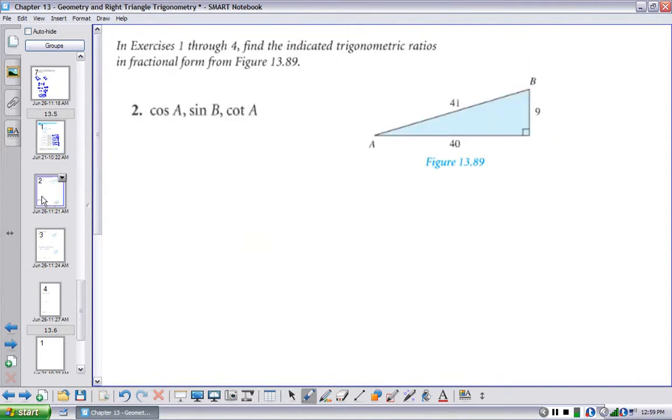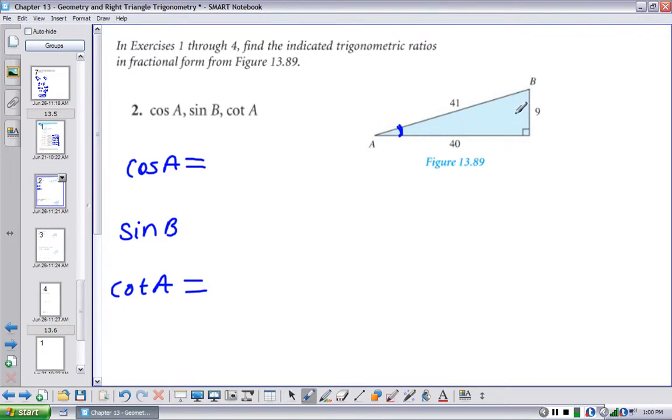So what we're going to do now is look at this triangle that's given to us, and we're going to find some of these trigonometric ratios. They want us to find cosine A, sine B, and cotangent A. So this is our angle A, and that's what we're going to look at for cosine and cotangent. Okay, this is the opposite.